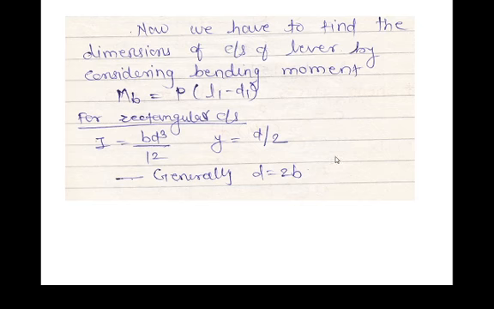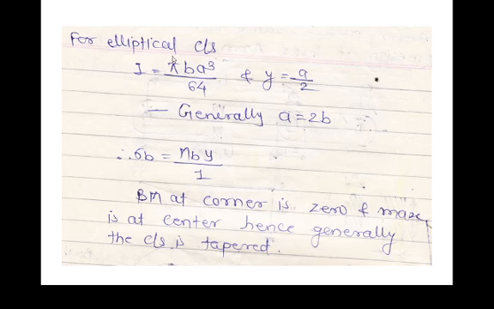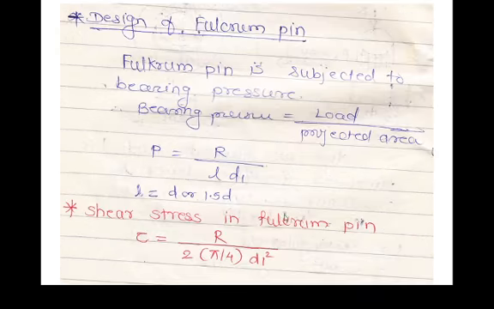Generally D is taken as 2 times B. For the elliptical section, I will be pi into A B cube divided by 64, and Y will be equal to A by 2. Now the bending stress sigma B will be equal to M by I is equal to sigma by Y. Therefore sigma is equal to M into Y divided by I. Now the value of M is known, Y is known, and I is known. From this we can evaluate the dimensions.